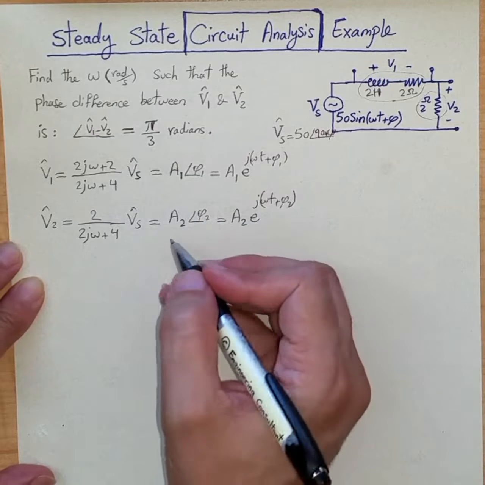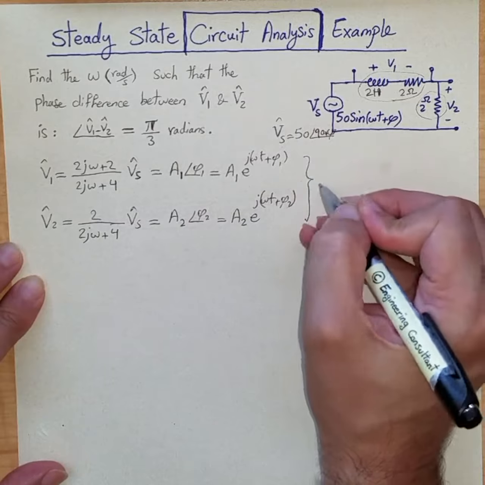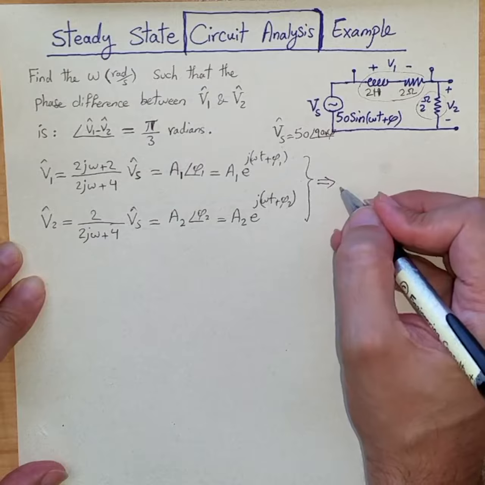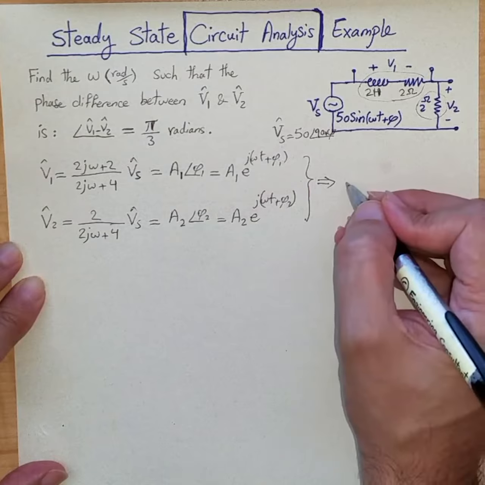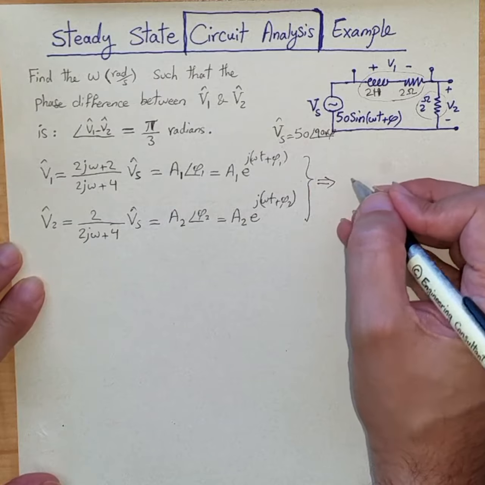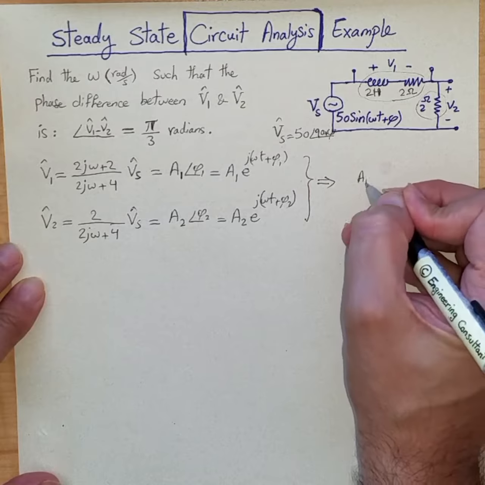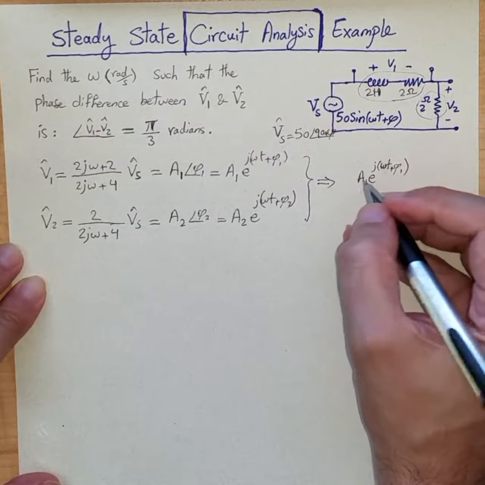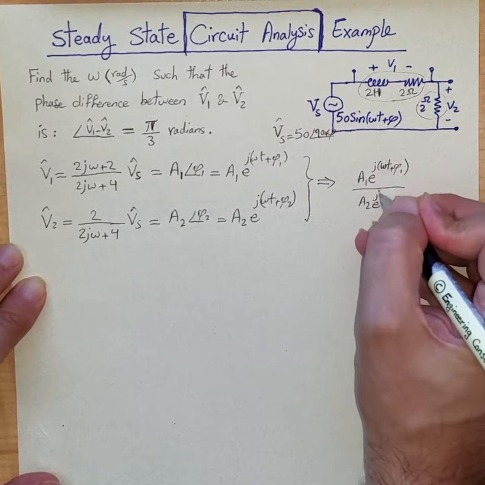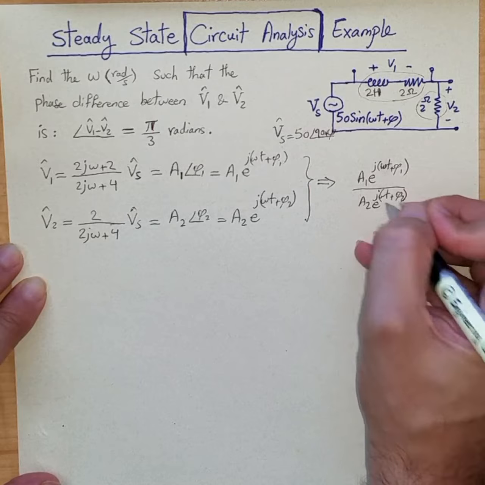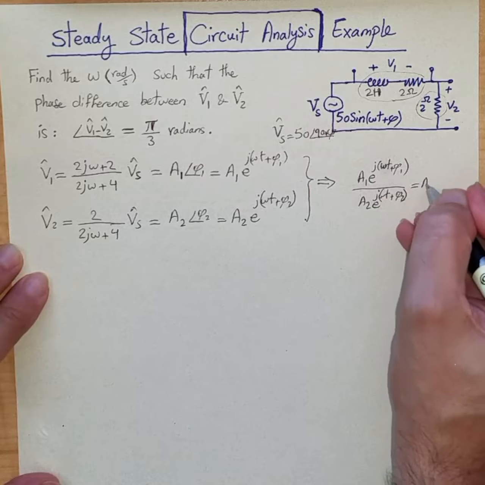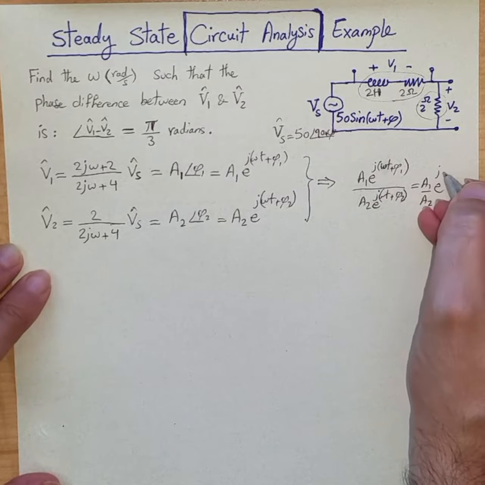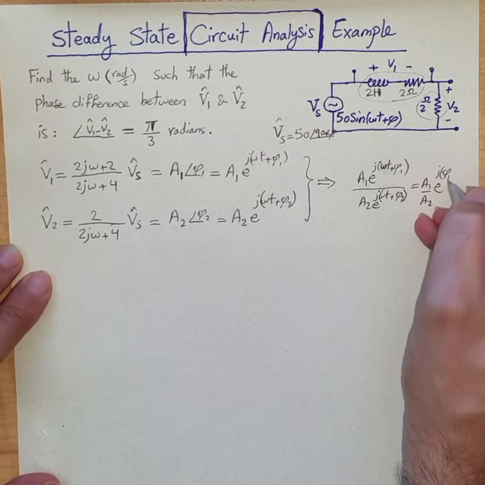Now, when we are talking about the phase difference between these two phasors, we are talking about phi1 minus phi2. So what we are interested in, phi1 minus phi2, effectively, if we divide A1 e to the j omega t plus phi1 by A2 e to the j omega t plus phi2, we end up with A1 divided by A2, and then we end up with e to the j phi1 minus phi2.